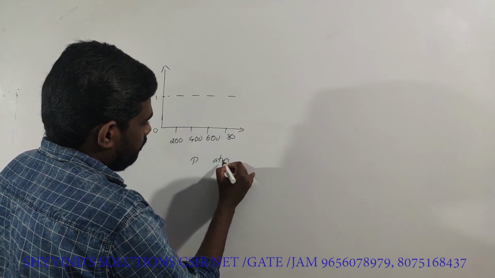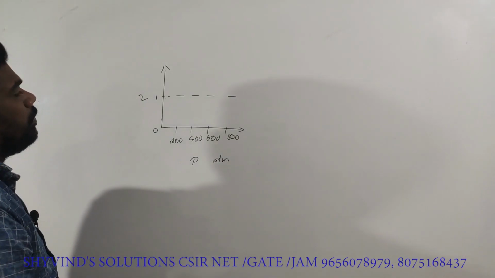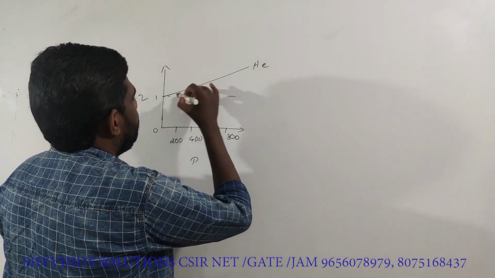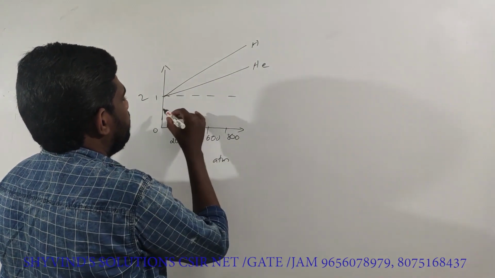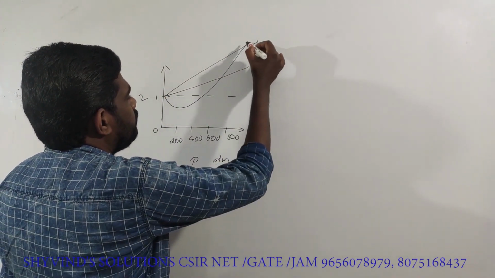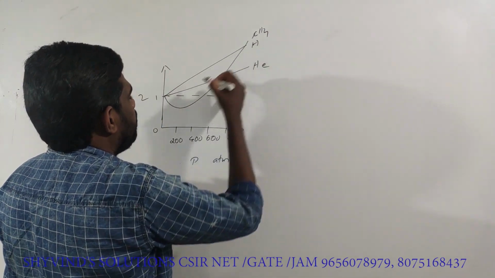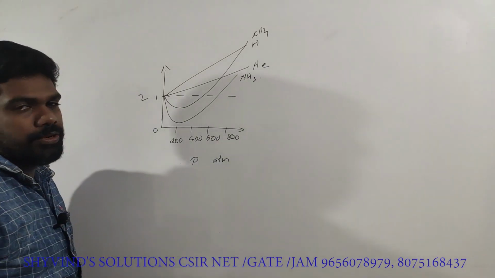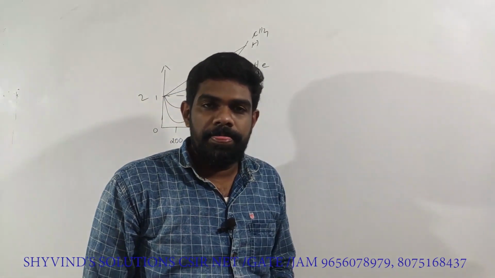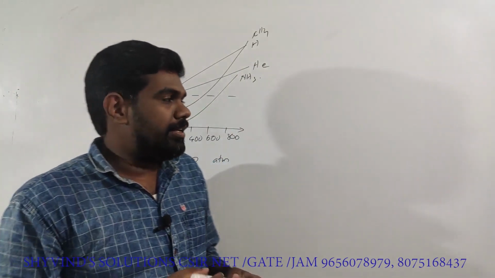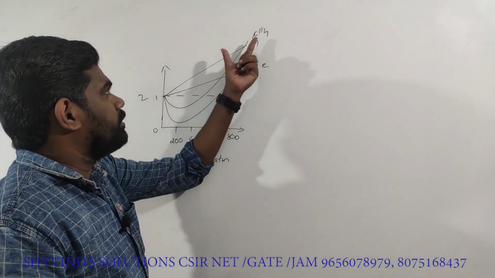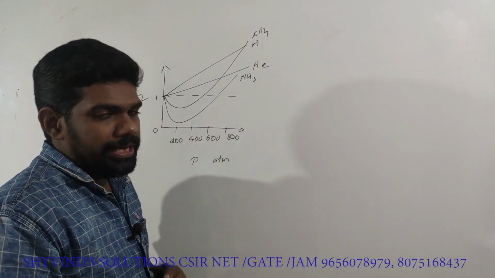Pressure in atm. So the plot will be like this. This is for helium, this is for hydrogen, this is for CH4 and this is for NH3. So this will be the nature of the plot for real gas and ideal gas. These two, hydrogen and helium, can be considered as ideal gas. For CH4 and NH3 it will be like this.